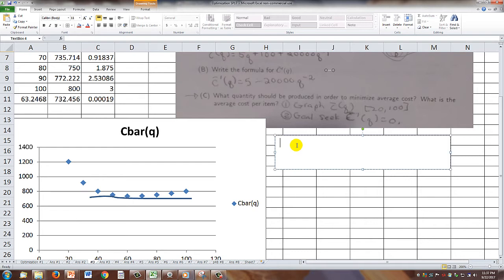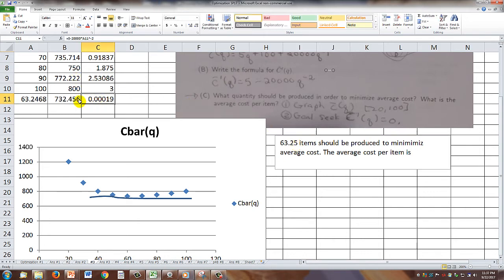Okay, so 63.25 items should be produced to minimize average cost. The average cost per item is, this is my derivative, this is my average cost function.